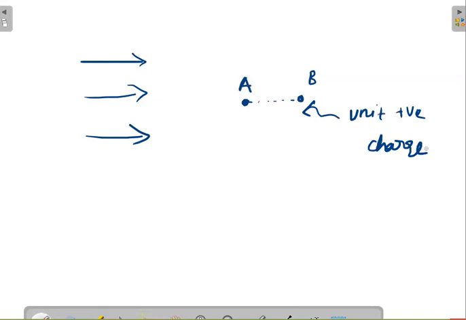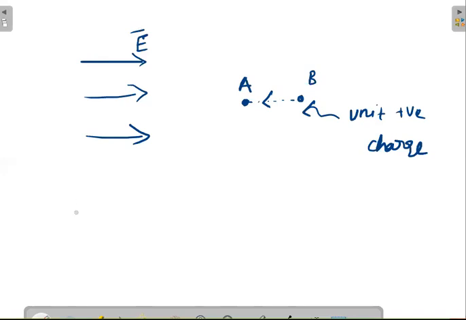From B to A I want to go. Definitely in this process I have to spend energy because my direction is just opposite to the direction of the electric field. So now, somebody tell me what is the value of this one?